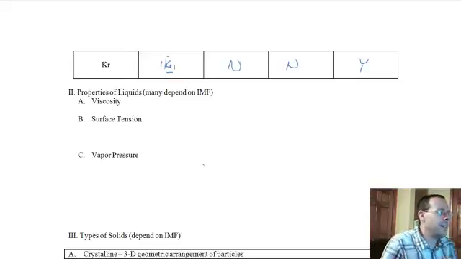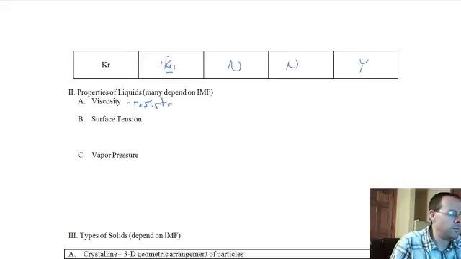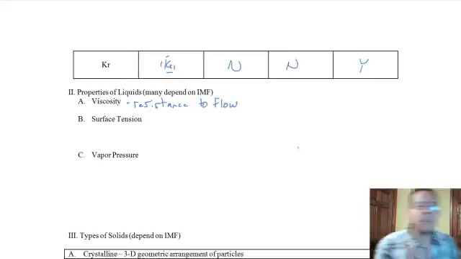Okay? The very last thing, properties of liquids. Many depend on IMFs. So viscosity. Viscosity is defined as the resistance to flow. If something does not flow very easily and it's a liquid, it is known as being viscous.